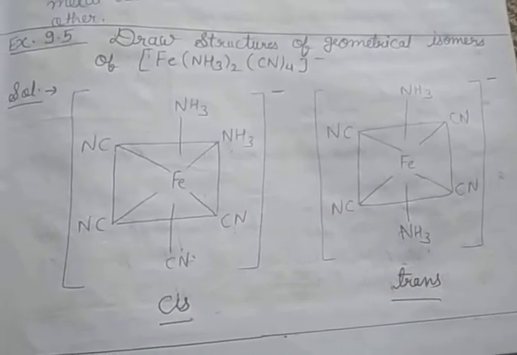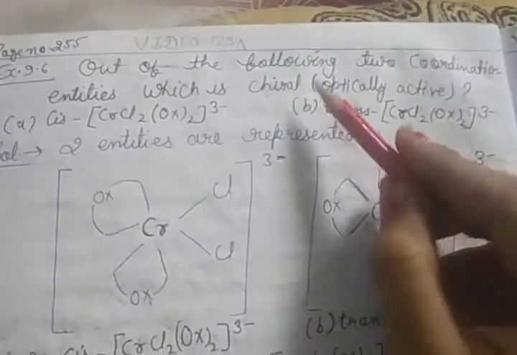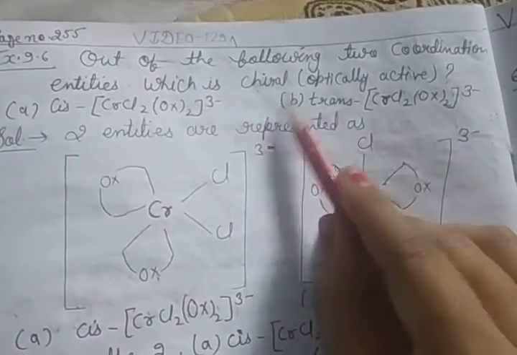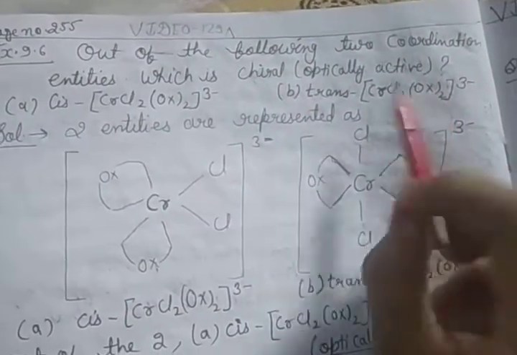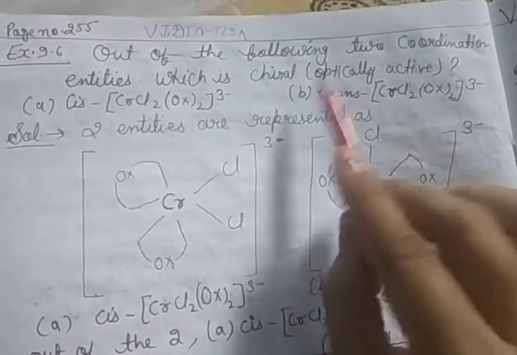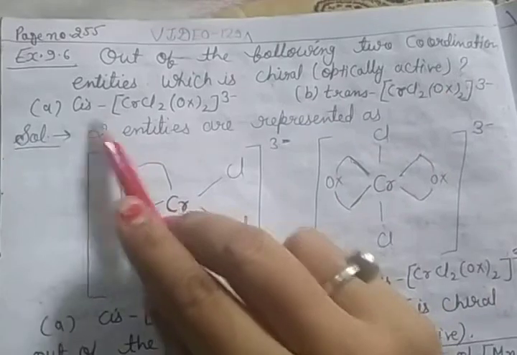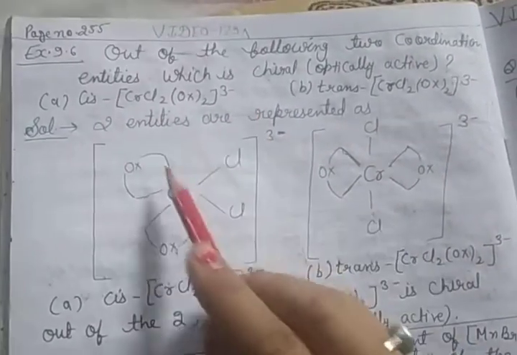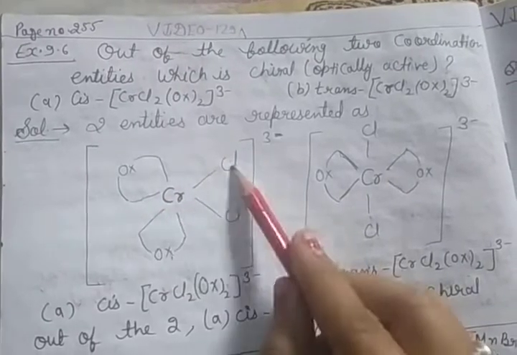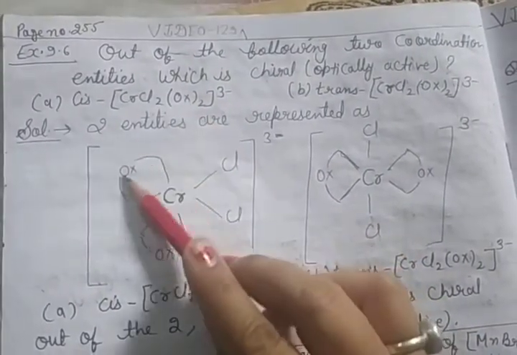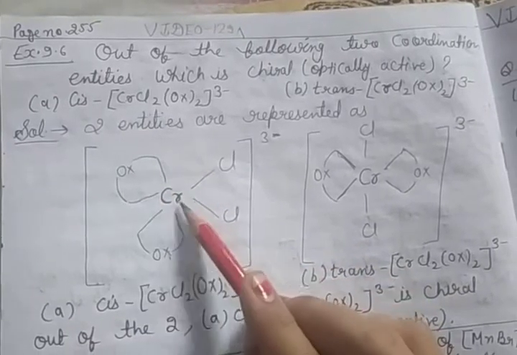Next question is, out of the following two coordination entities, which is chiral (optically active)? Here cis-[CrCl2(ox)2]3- is given. Cr has 2 Cl, and oxalato is a bidentate ligand, so 2 ox are attached to Cr.